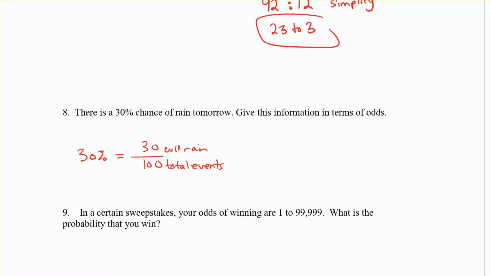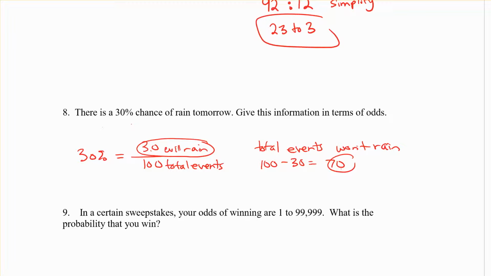Now odds wants to take the 30 events that it will rain and compare it to the total events that it won't rain. So if we take 100 minus 30, we'll get 70 as the opposite situation there. To figure out which number comes first, look at what you're trying to figure out.